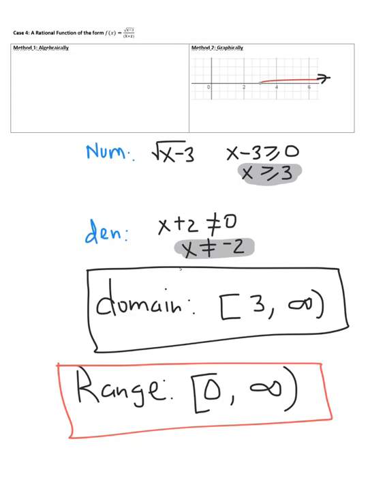Okay, now let's look at another example here. Here I'm given this function, and it's equal to 1 over the square root of x plus 3. I have to worry about the radicand because I know it cannot be negative. So I'm going to write x plus 3 has to be greater or equal to 0.